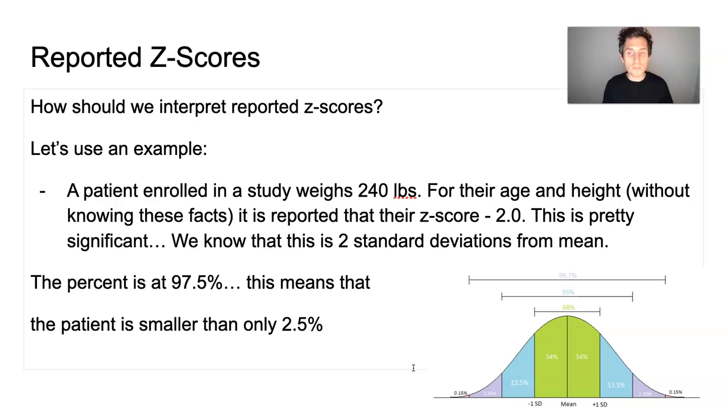So this would be a pretty significant way in which a savvy researcher may tell you something about the rarity of the person that they're observing, or something about, say, the importance of a particular observation in their data set.